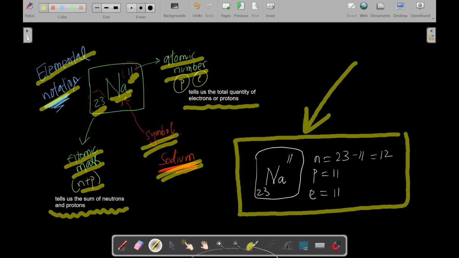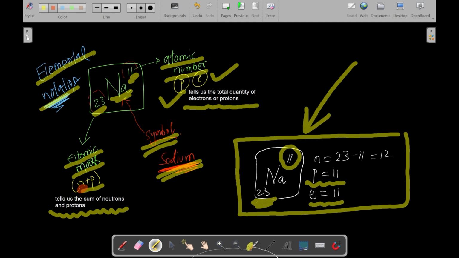A sodium would typically have 11 electrons, 11 protons. By seeing this small number, it lets me know the total quantity of electrons and protons, whereas this big number holds the quantity of neutrons, but this quantity is a bit hidden.